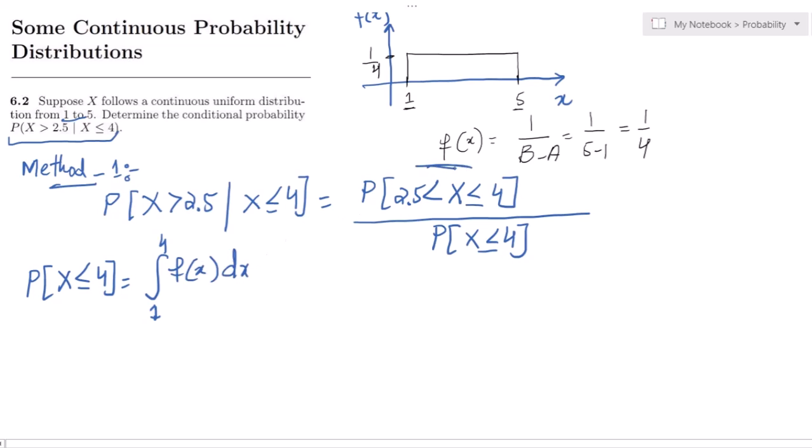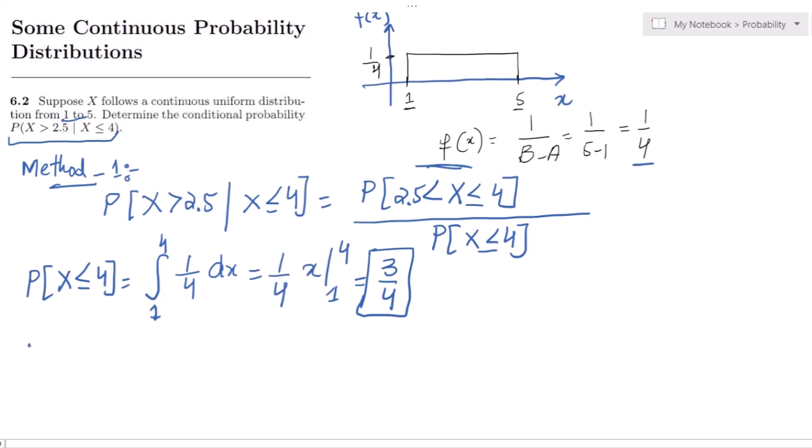We have already found f of x, so it is the integral of 1 over 4 dx, which gives 1 by 4 times x from 1 to 4. Simplifying, this is 4 minus 1 divided by 4, so it is 3 by 4.